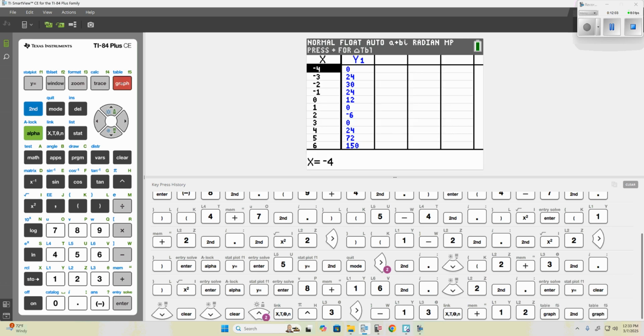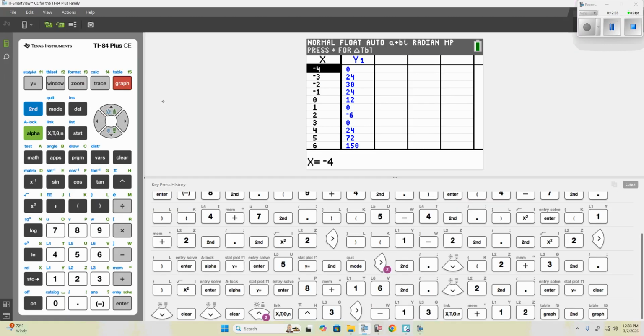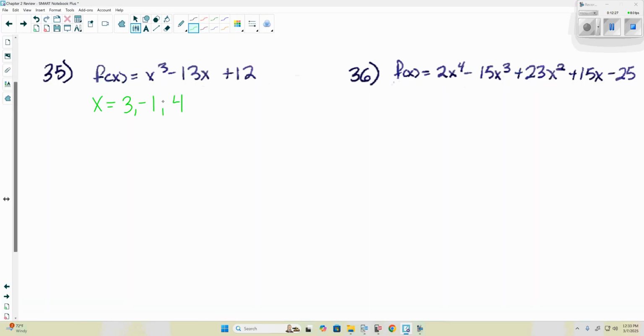If we look at the table, again, we're looking for what value of x will make the y value be 0. So where is it 0? 3, 1, and negative 4. x equals 3. Was it negative 1 and negative 4? 3, 1, negative 4. Okay, we have those.